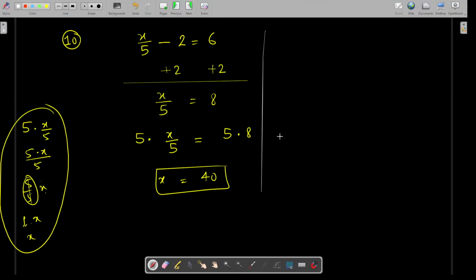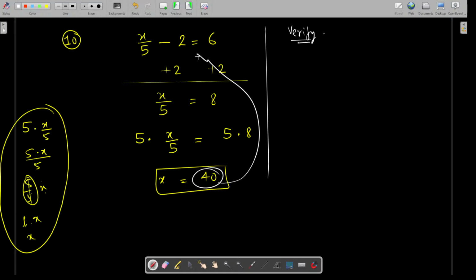So let's verify whether this solution is right or not. To verify it, we have to plug it back into the original equation and see whether it makes the equation true.